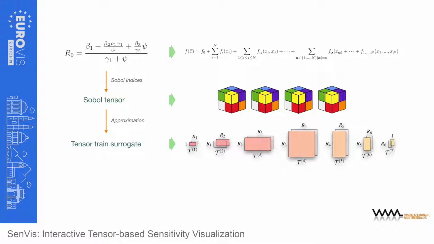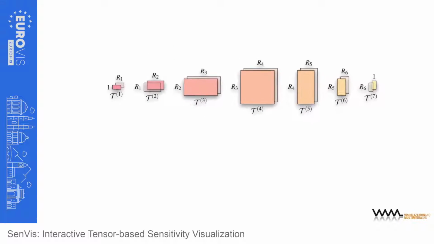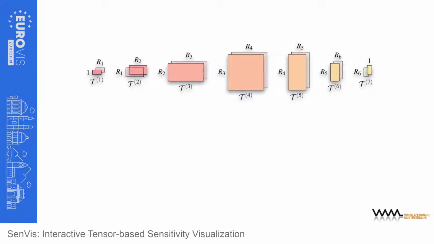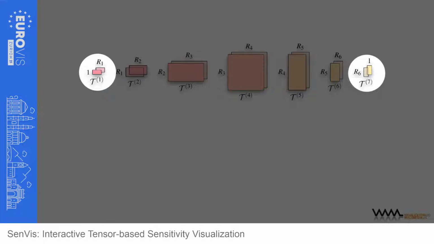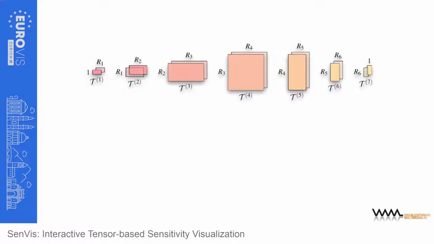Tensor decompositions are higher-order generalizations of matrix singular value decomposition, which can represent high-dimensional data in a compact form, among which the tensor train model is of particular interest because of its linearity in dimensionality. The Sobol tensor model uses a sequence of n tensor cores to represent n-dimensional data, except for the first and last tensors T1 and Tn, which consist of 2 row or column vectors.